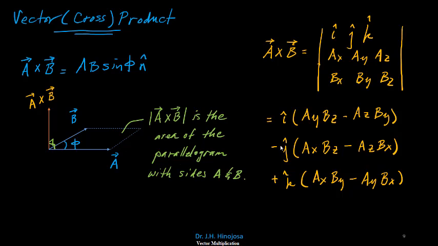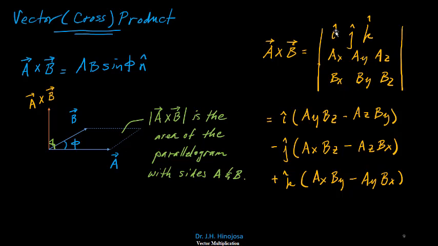To find the cross product of two vectors, we use the determinant form, where the first row has the unit vectors i, j, k. The second row has the components of the first vector, ax, ay, and az. And the third row has the components of the second vector, in this case bx, by, and bz.